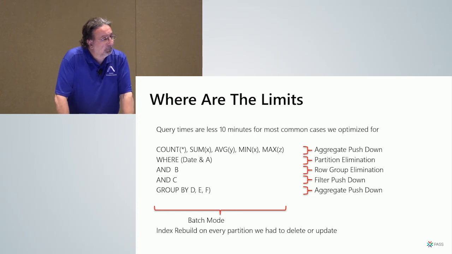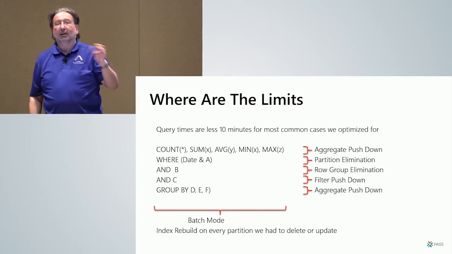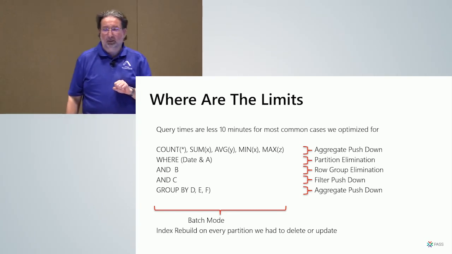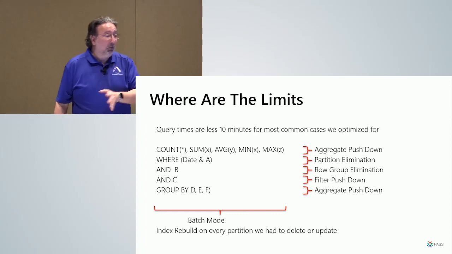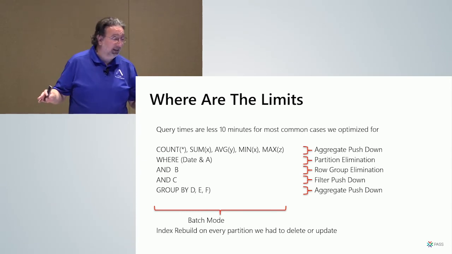Can you share your experience about which column you will pick up for the column index? So the question is, which one do I use for the column index? None. Clustered Columnstore doesn't have any kind of index key.